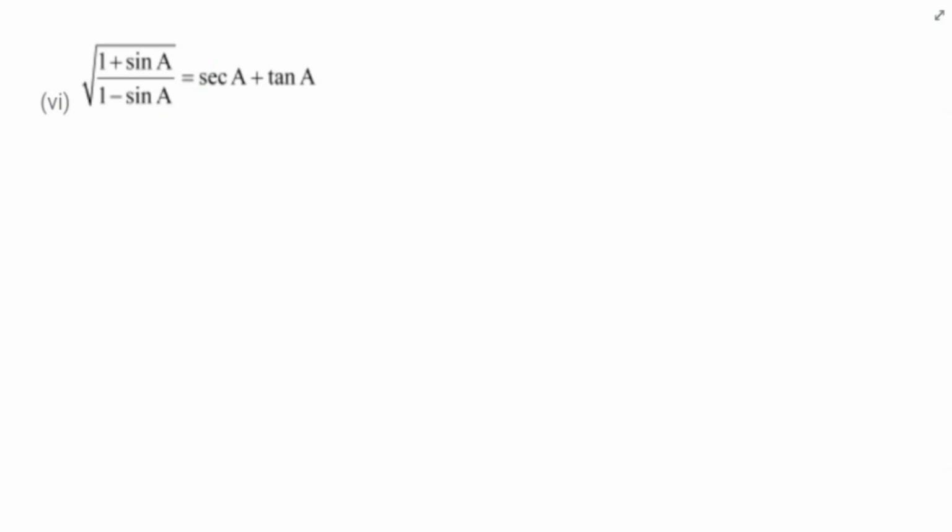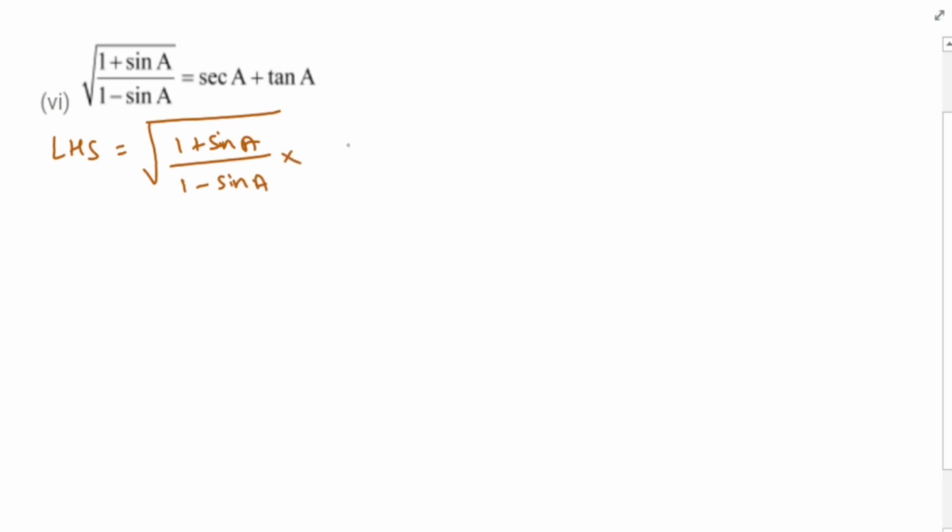First consider the LHS. LHS equals square root of (1 plus sin A divided by 1 minus sin A). Multiplying and dividing by 1 plus sin A inside the square root.